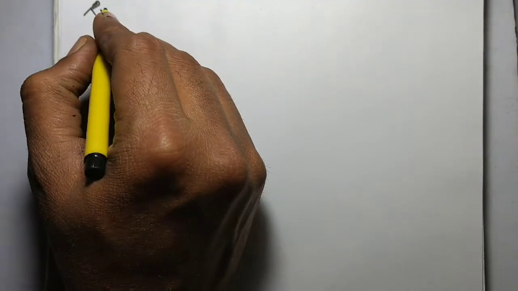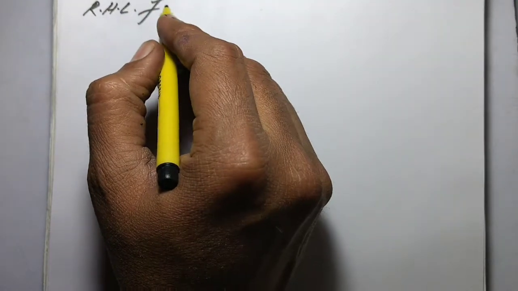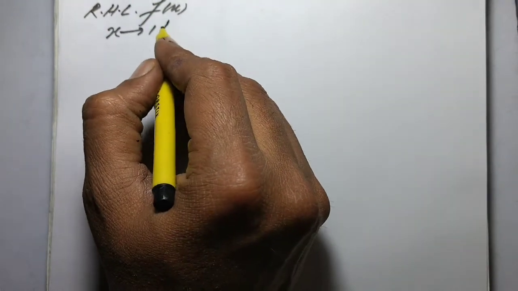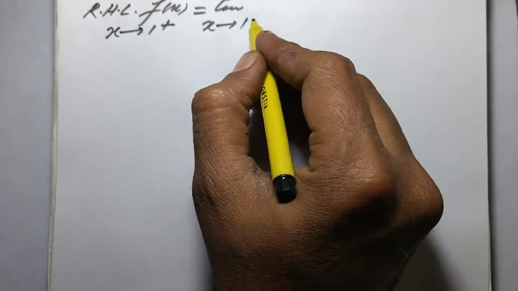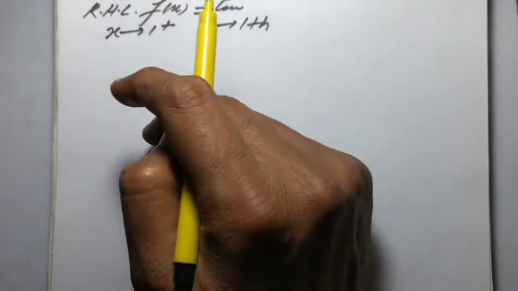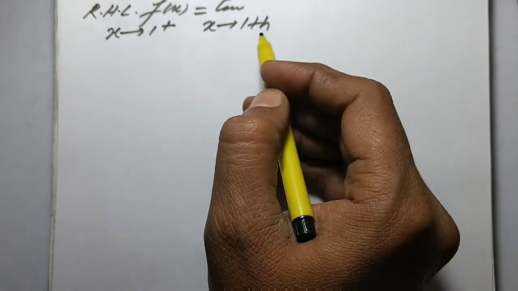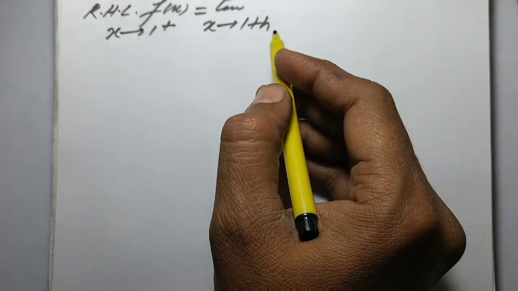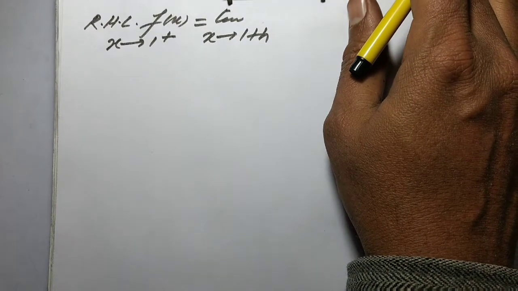Now we are going to find right hand limit. So right hand limit, RHL, of f(x) when x tends to 1 positive is equal to limit x tends to 1 plus h, as in the case of left hand limit we wrote x tends to 1 minus h. 1 plus h is considered to be something greater than 1.